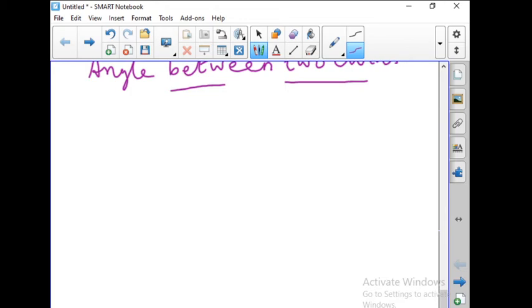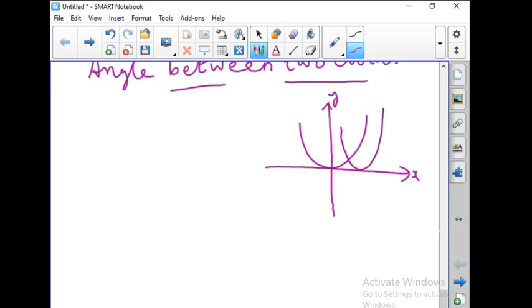So if you have two curves like this, then tangents can be drawn to these curves. So one tangent like this and another tangent like this, and the tangents intersect at this point.